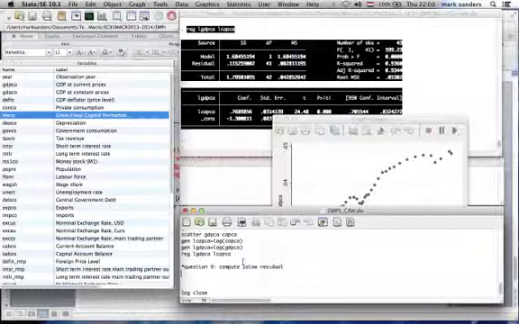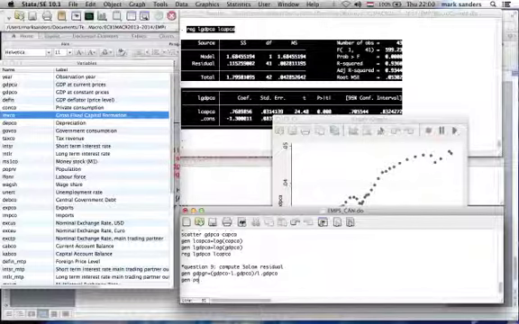Okay, generate GDP growth rate is equal to GDP co minus GDP co, and of course that one lagged, divided by the lag of GDP co. Generate the growth rate of the population.